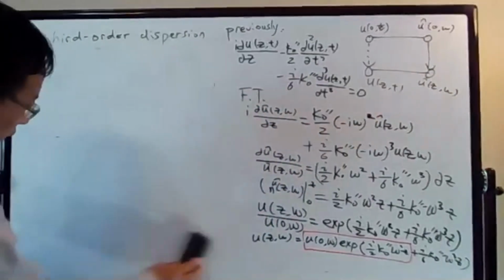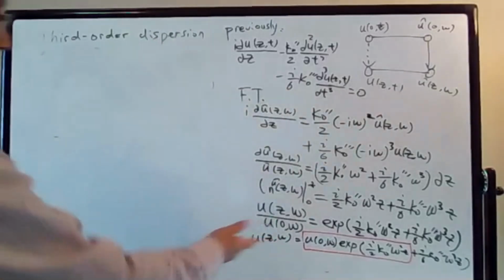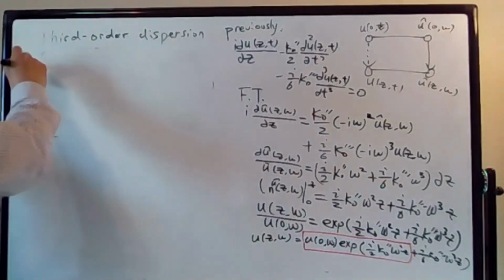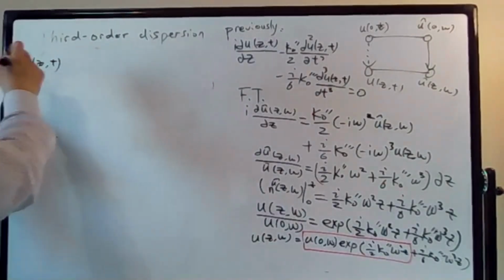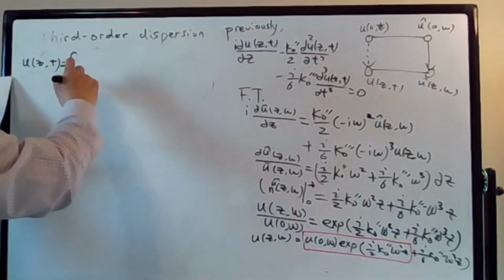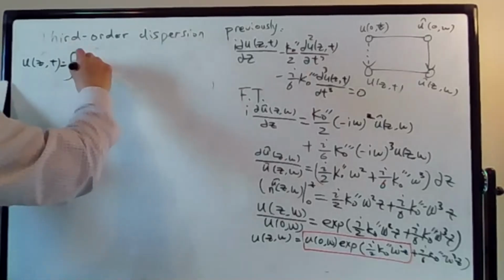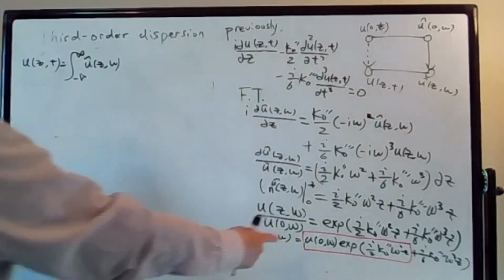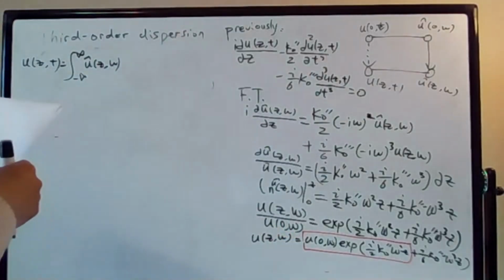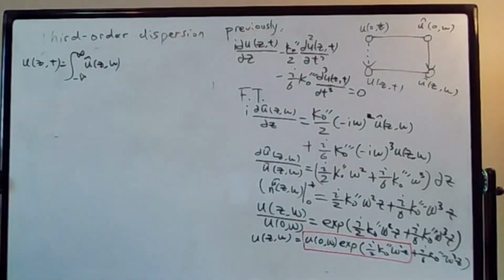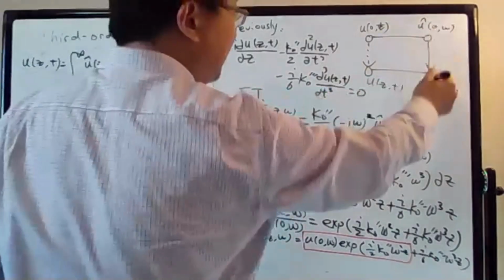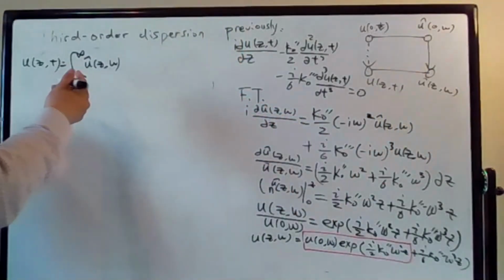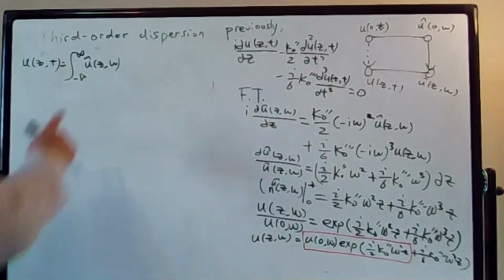So we did the Fourier transform, and what's next is the inverse Fourier transform, which we will have is u(z,t) as the integral from negative infinity to infinity of u tilde z omega, but we need to multiply back. So what is u tilde z omega?